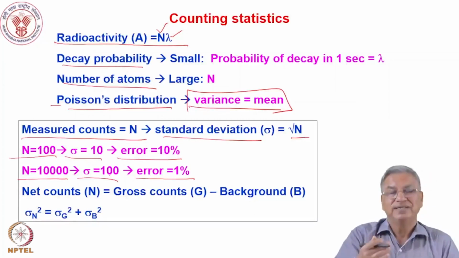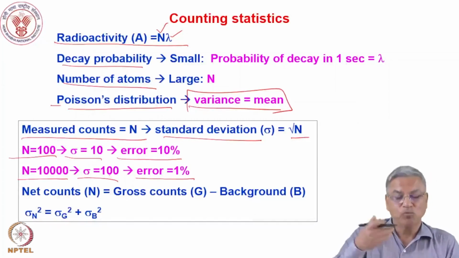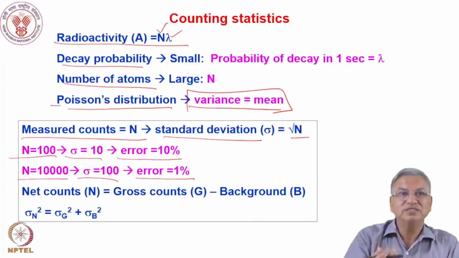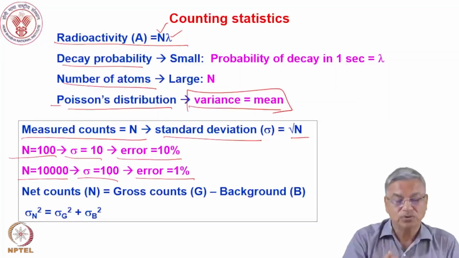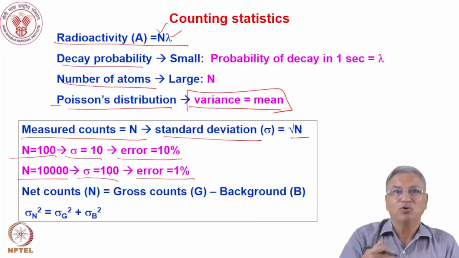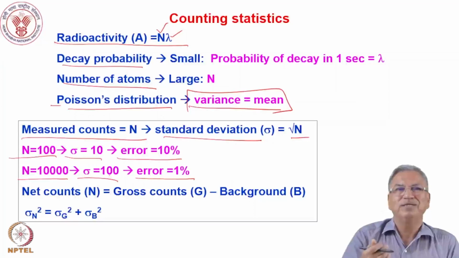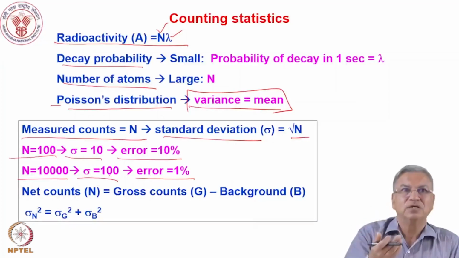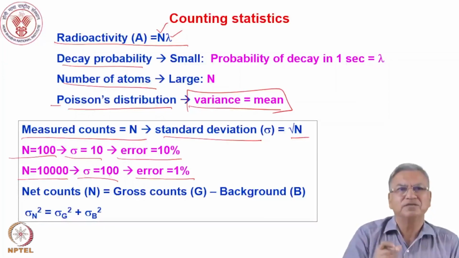You can see that by accumulating more counts, you can decrease the uncertainty in your counts. That is what dictates for how much time you should count a sample. If you want 1% uncertainty, you accumulate 10,000 counts. So your counting time is governed by the uncertainty that you want to achieve.